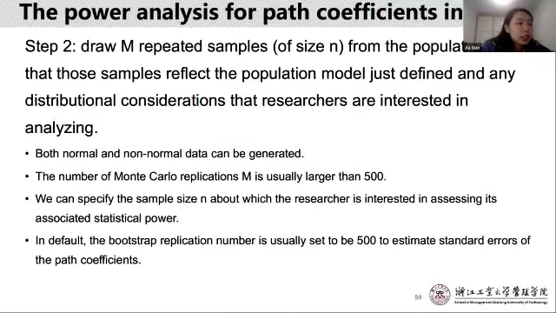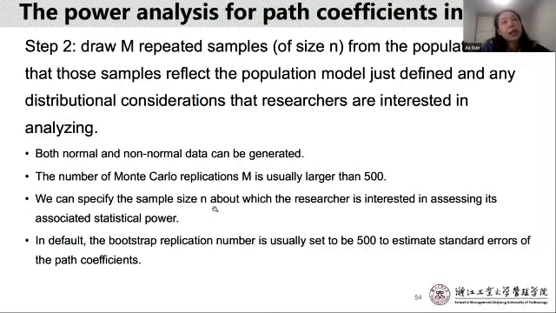And then step 2 is the simulation step. We draw M repeated samples from the population. In this step, we can generate both normal and non-normal data, and the number of Monte Carlo replications is usually larger than 500. We can also specify the sample size n.